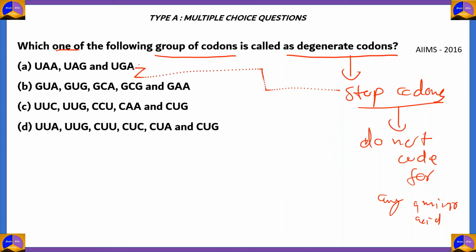Those are UAA, UAG, and UGA. So therefore, option A gives you the right answer. UAA, UAG, and UGA are the stop codons, which do not code for any amino acid. Stop codons are also known as degenerate codons.